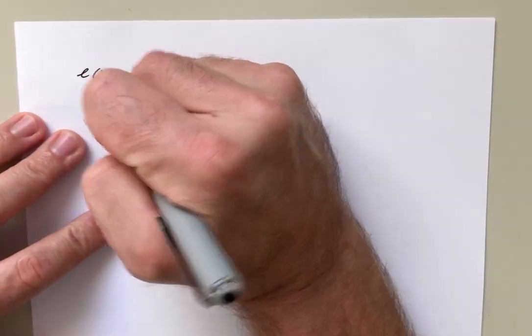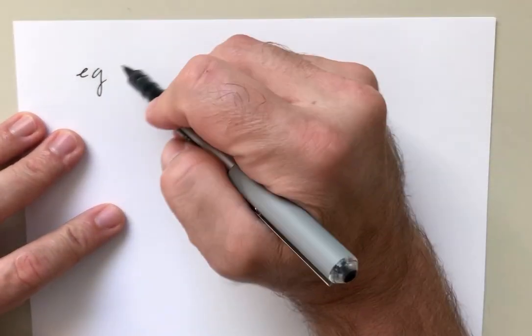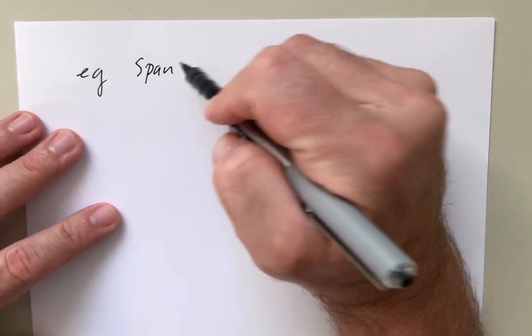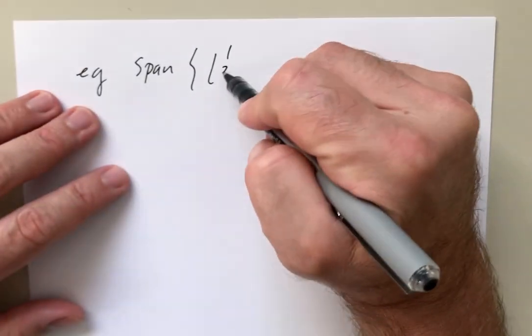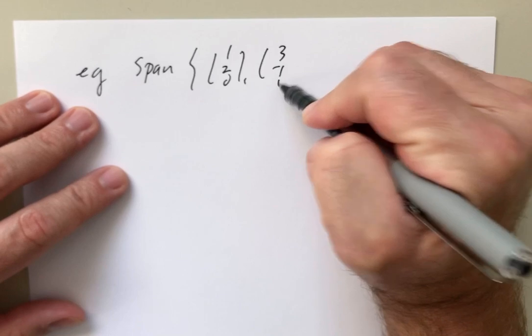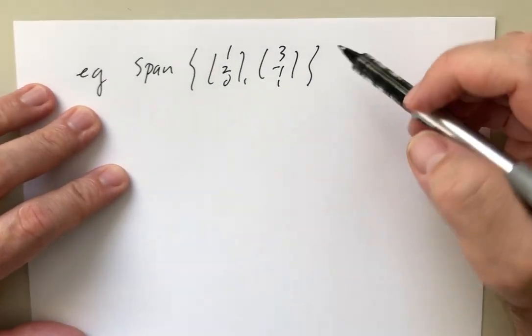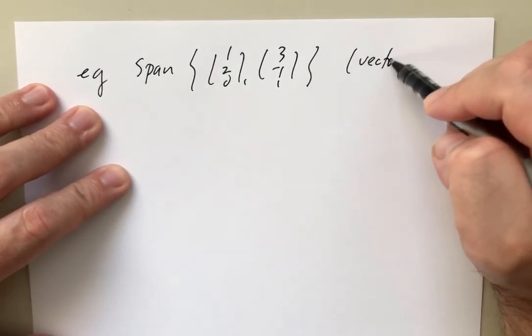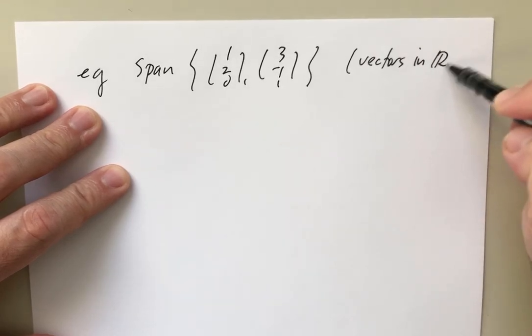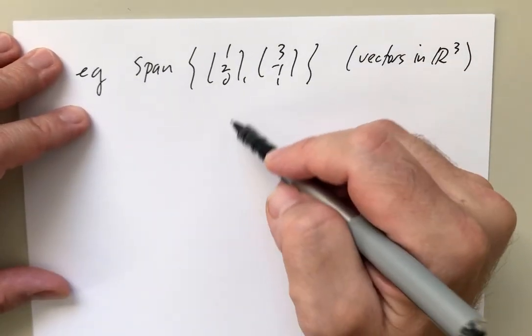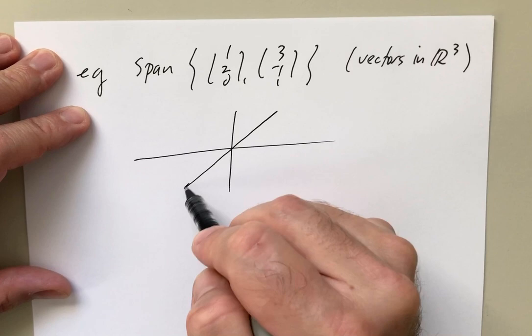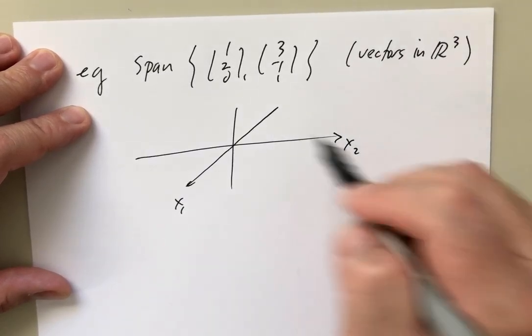Let me just do maybe a couple examples here. So we might have seen this example before, but just to go back to it. For instance, if I take the span of the vectors 1, 2, 0 and 3, minus 1, 1, these are vectors in R3. Let me draw a cartoon here. So here's R3, I've got 3 coordinate axes.